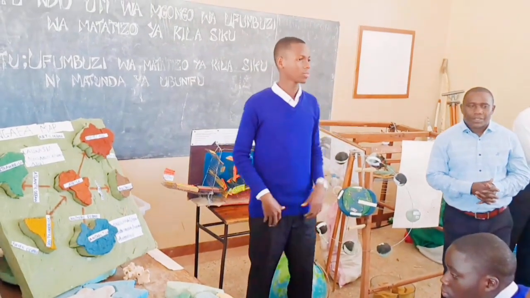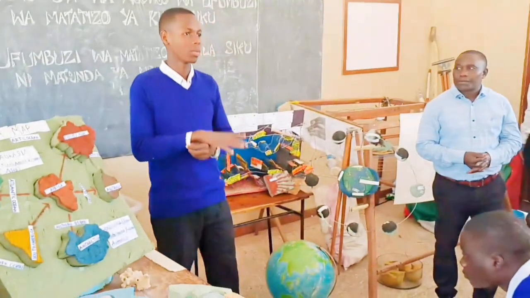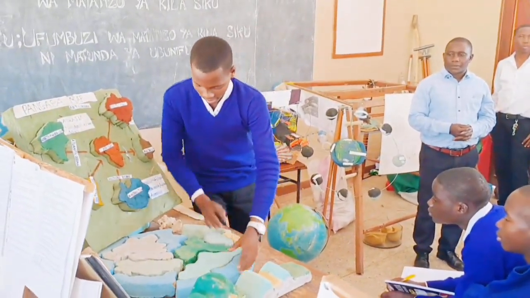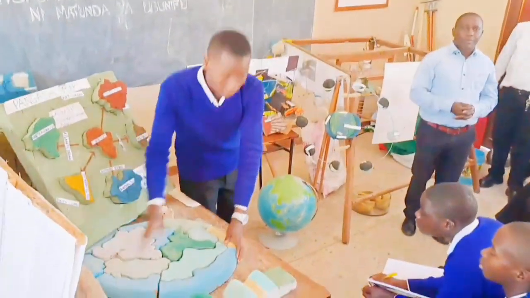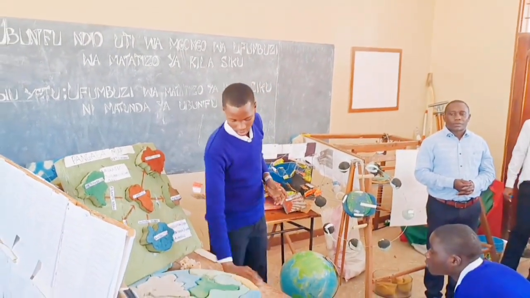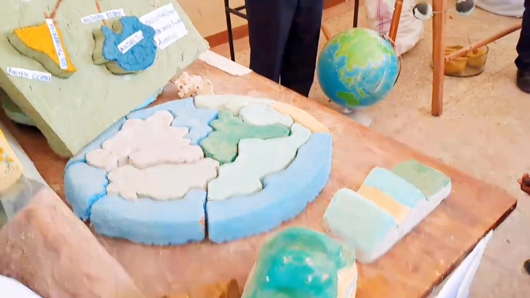Good afternoon, my fellow students. Here I'm going to summarize and talk about Pangaea, this large mass which was once together with the different continents before it split.